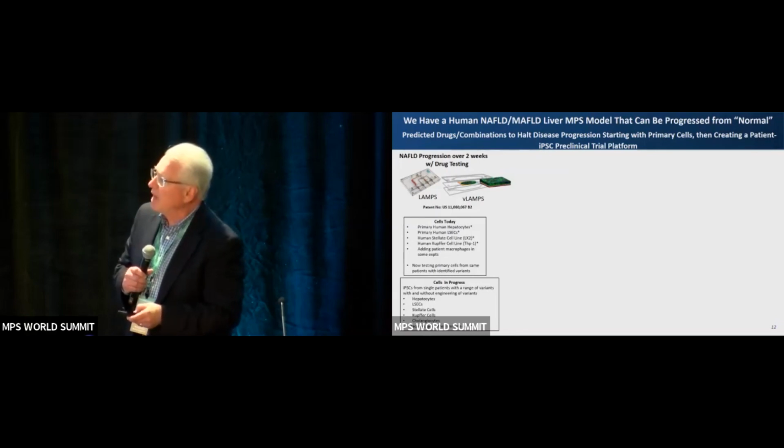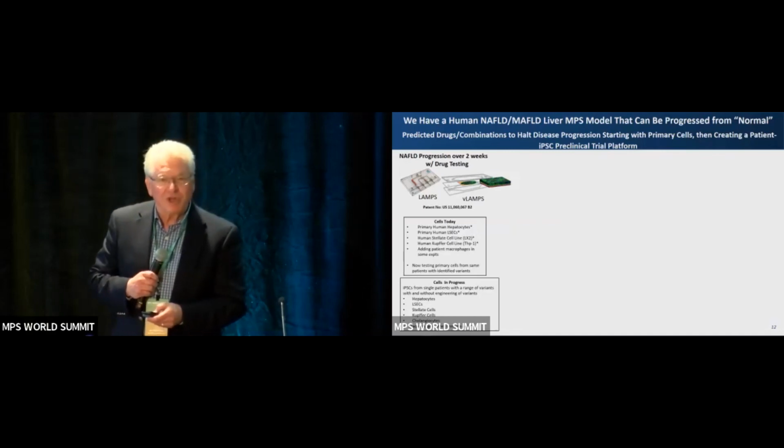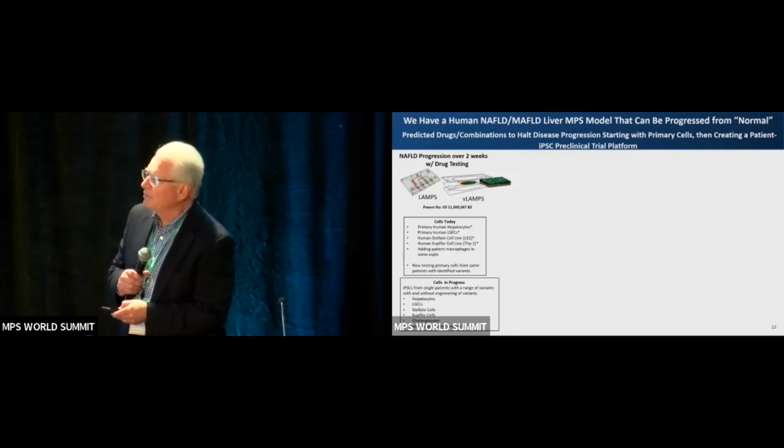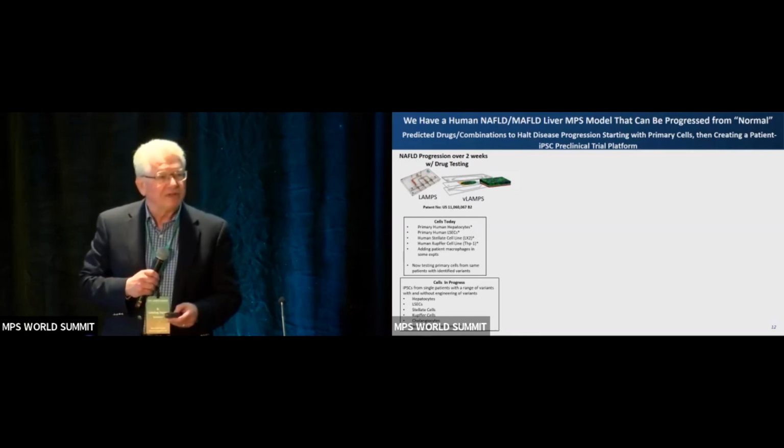These two models that we use, one is the LAMPS, or the liver acinus MPS, based on the Nordis chip, and the vascularized liver MPS based on the microNIT platform. There's pros and cons to both, and we use both of these platforms. The LAMPS model is very simple to make.